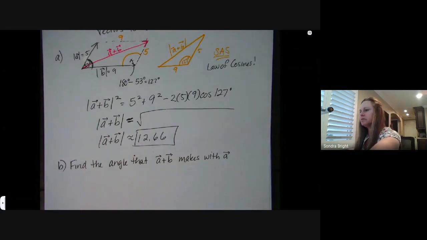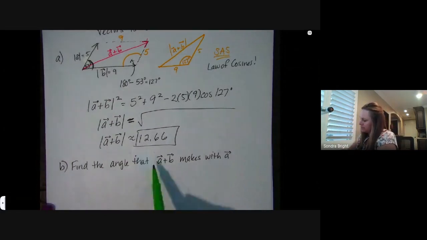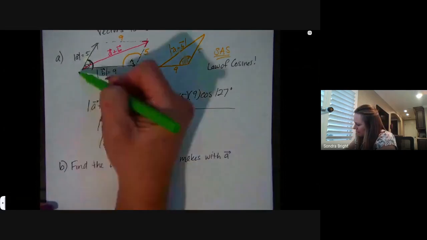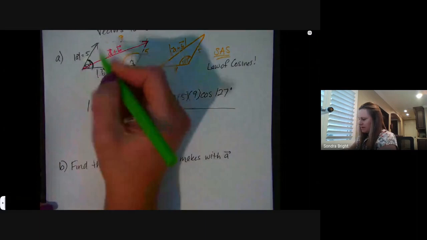What other colors do I have? Oh, green. The angle that A plus B makes with A, here's A plus B, and here's A, the way I drew it. So we're looking now for this angle here.